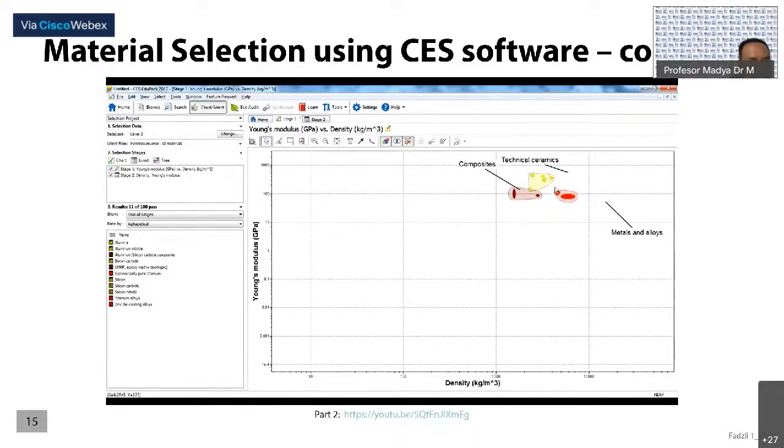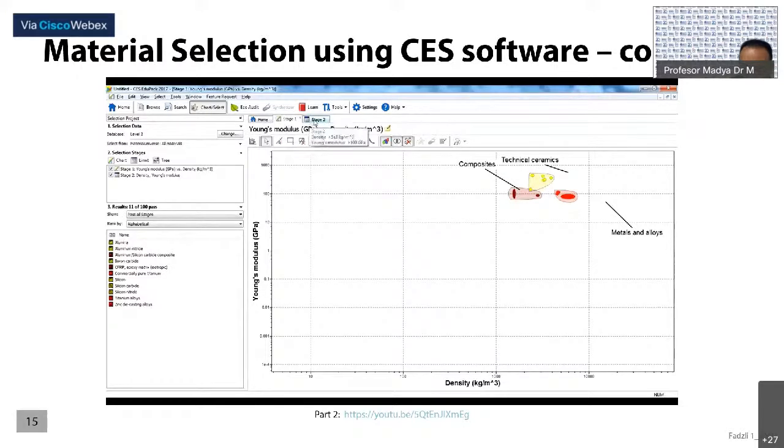Okay, I just noticed that this is a different answer, because in the box selection, unfortunately, I didn't select those materials that are below a specific 5,000 kilogram. I selected those who are above it, so that's why I had this sort of selection. So now the selection is shifted.